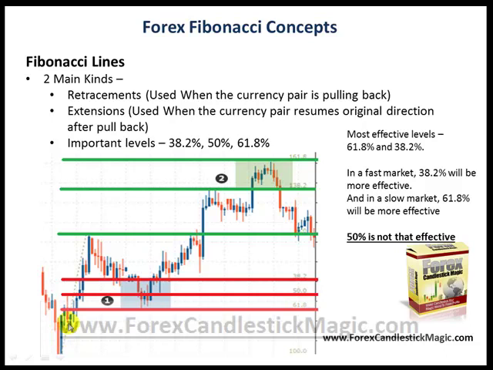If the currency pair takes its own time to go in a particular direction, at a pullback it will get a good support at the 61.8 resistance level or support level, depending on the direction the currency pair is going in. From my analysis of the charts, I have not seen the 50% Fibonacci level to be as effective as 38.2 and 61.8.